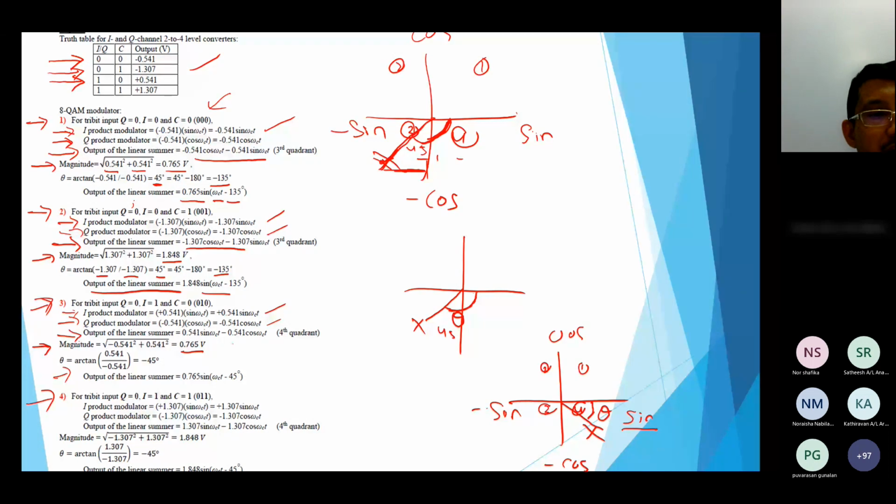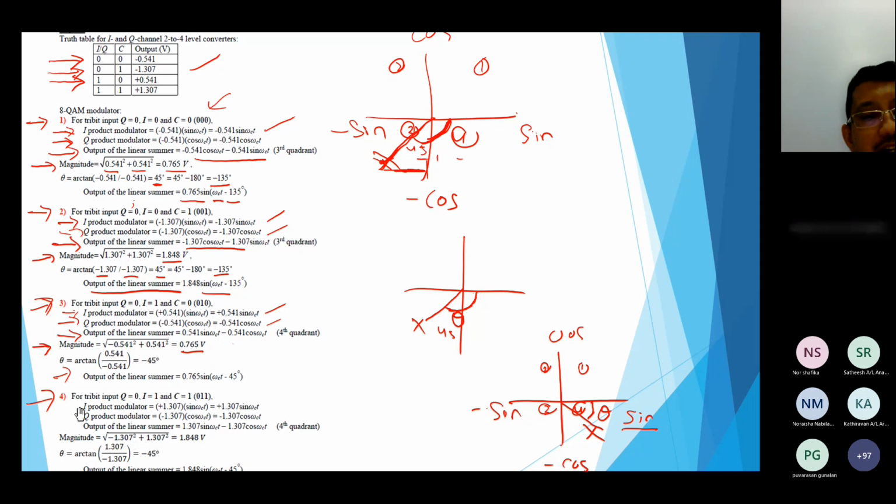Which is 1 and 1. If you see here, for the I channel, it is 1 and 1. 1 and 1 is actually for the fourth row, positive output. And for the Q channel is 0 and 1. 0 and 1 is negative 1.307, second row.